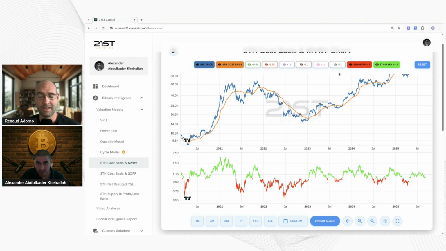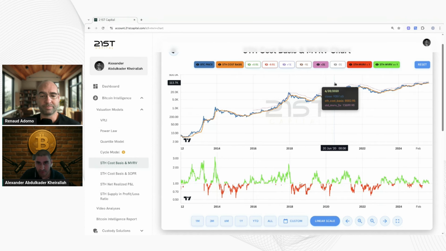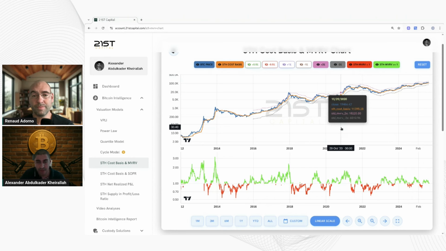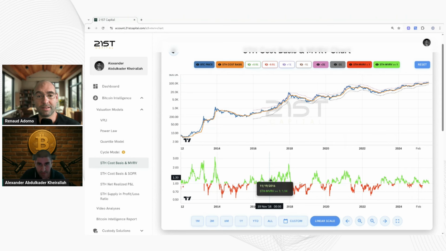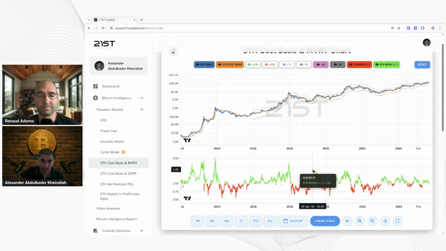Let me just say also that in addition to these indicators on the bottom matching the price and the cost basis, the user can also plot the variability around the cost basis, which is calculated from the MVRV for a 4 year period. So we take a 4 year window period, we calculate the variability of MVRV, and then we add that to the MVRV itself, and then we scale it up by multiplying by the cost basis, so that it becomes on this price range.